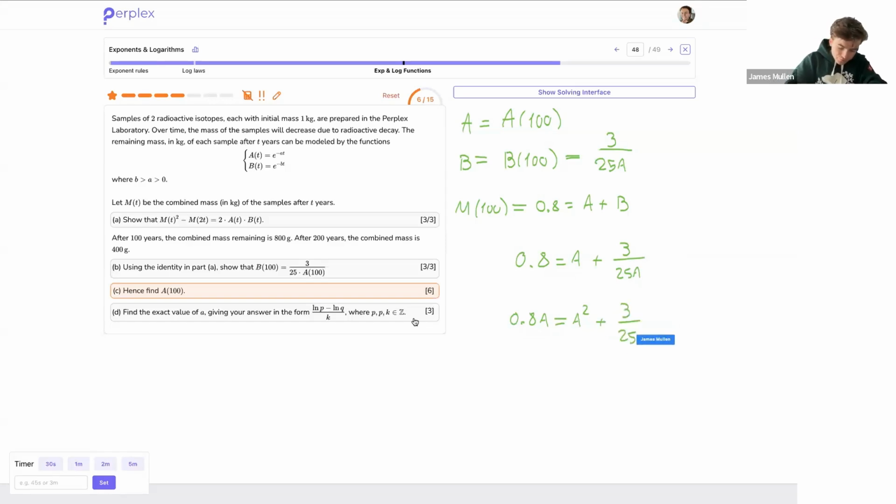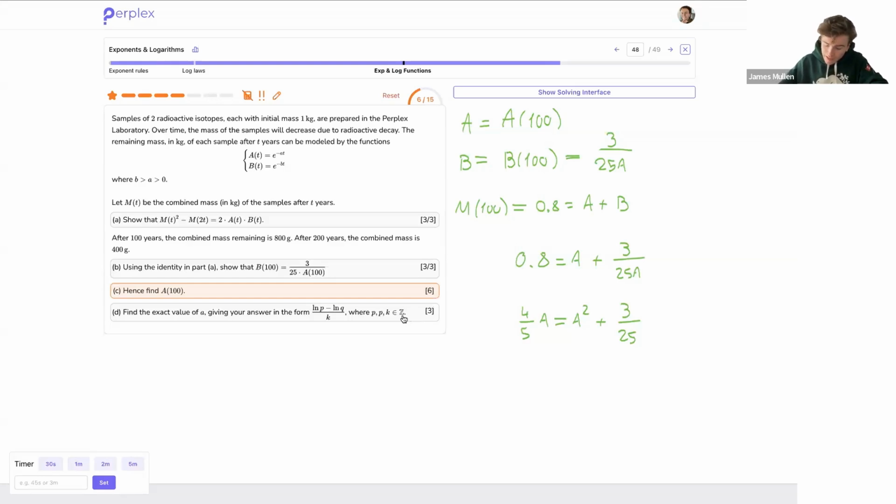Just to help us with the algebra, I'm going to rewrite 0.8 as 4 over 5. Now, I don't like this 3 over 25, but it's probably going to be easier to leave it in for now to help us solve the quadratic. It will be easier if I multiply both sides by 25.